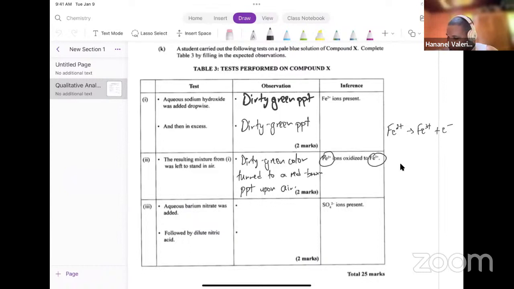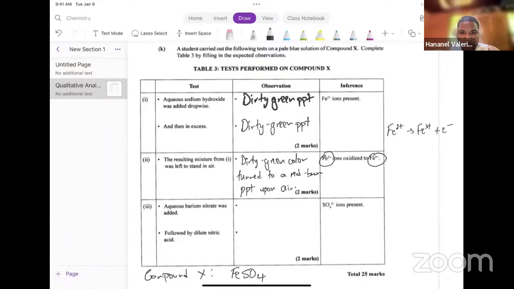So it says aqueous barium nitrate was added, followed by dilute nitric acid. So it's saying that we have confirmed the presence of sulfate ions, SO4, in the compound. So therefore, the formula of compound X, the identity of compound X, recalling it, would be iron 2 sulfate, FeSO4.